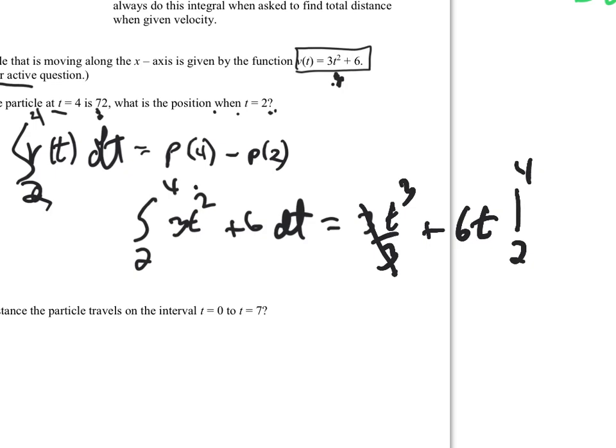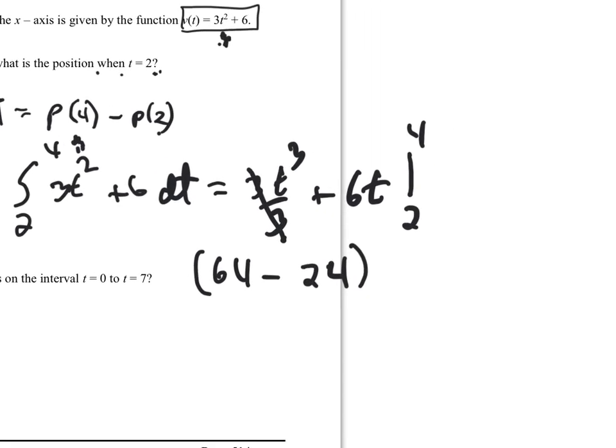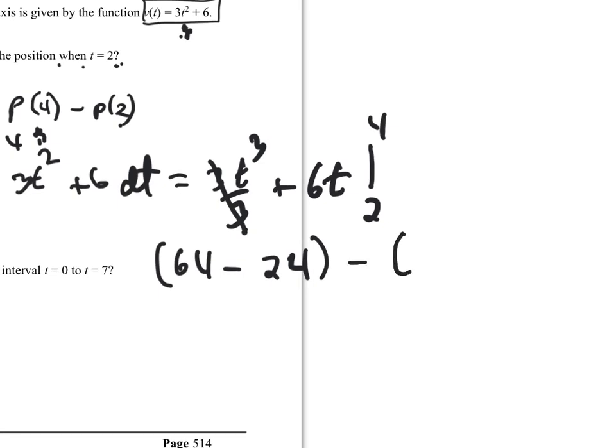Which is why we have the 4 plugged in then the 2. So that gives me 4 cubed is how much? 64 minus... 6 times 4 is 24, and minus 2 cubed is minus 8. And then 6 times 2, that's 12.